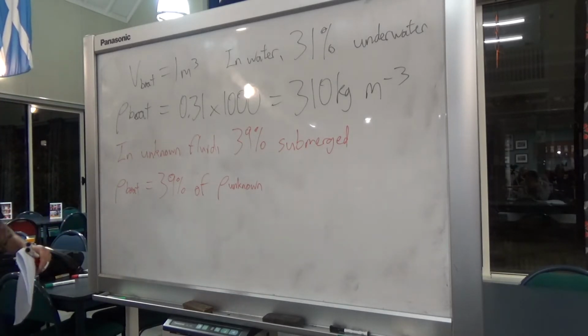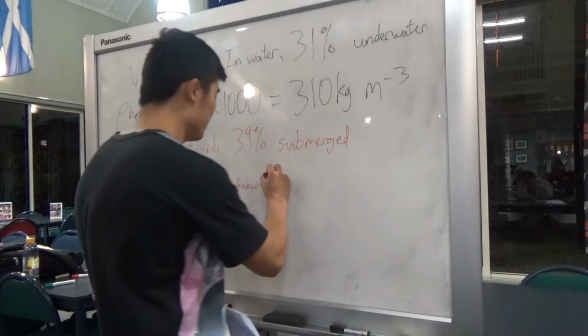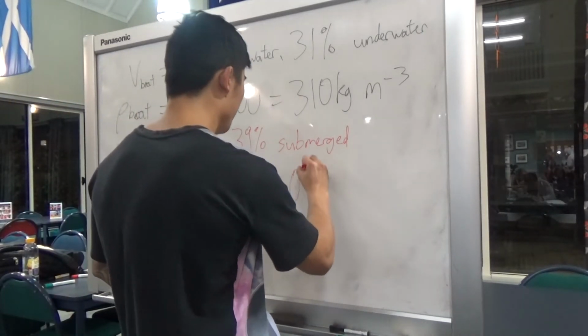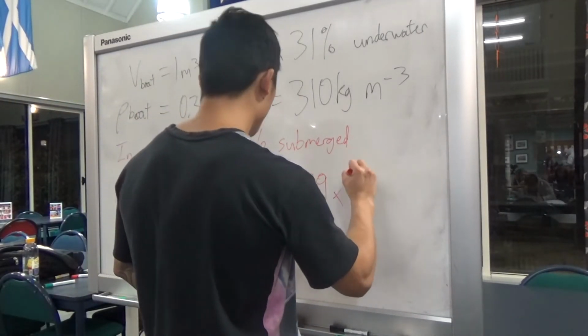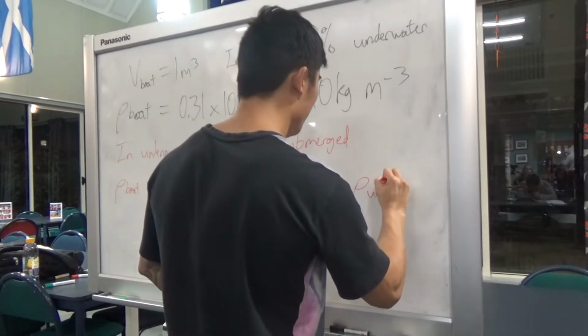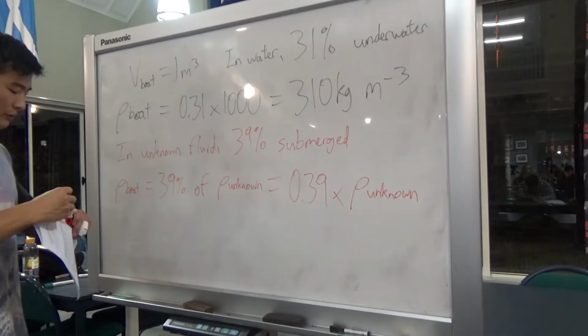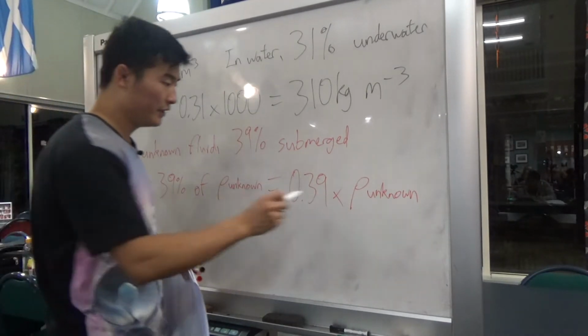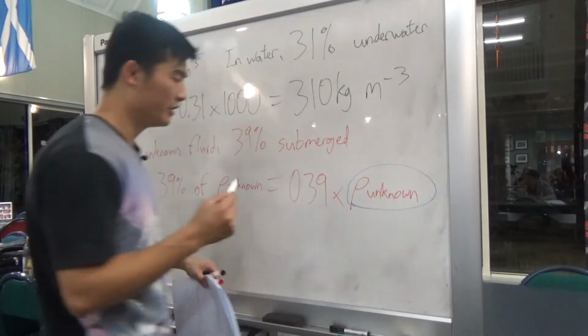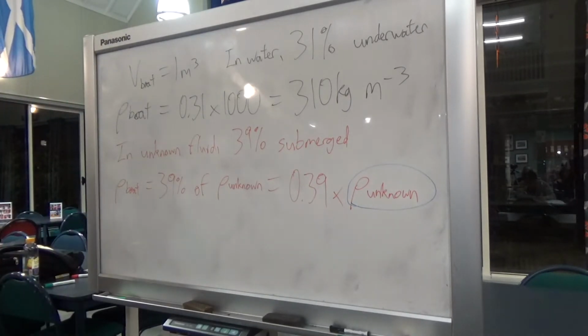So if we want to put this in a mathematical form, that'd be 0.39 times the density of unknown. Okay, so what we want to solve for is the density of the unknown liquid. So we're going to rearrange it.